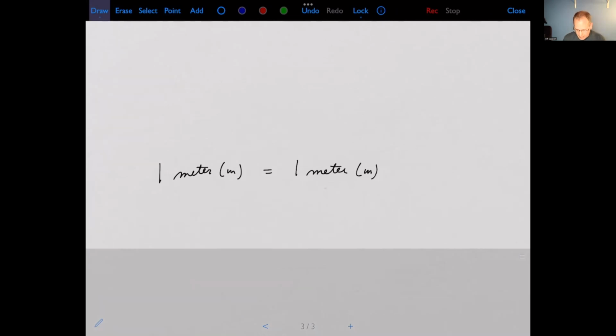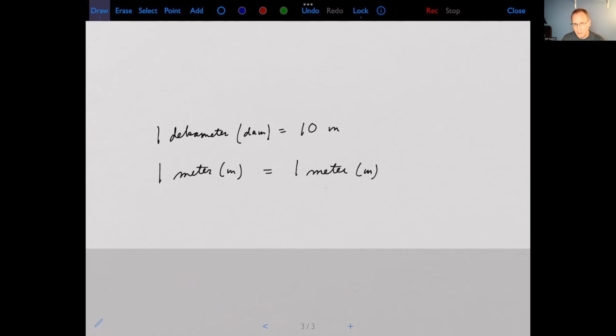Okay, if I want to represent something that's 10 times the length of 1 meter, that's called a decameter. So 1 decameter, so D-E-K-A meter, it's usually abbreviated as D-A-M, is equal to 10 meters.